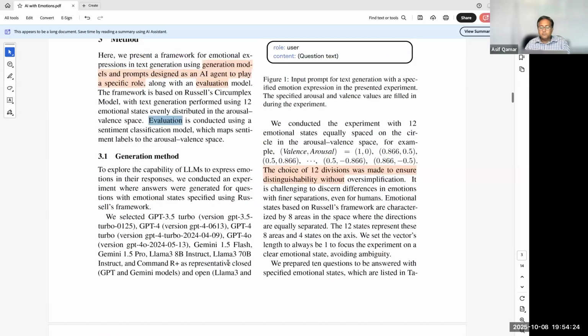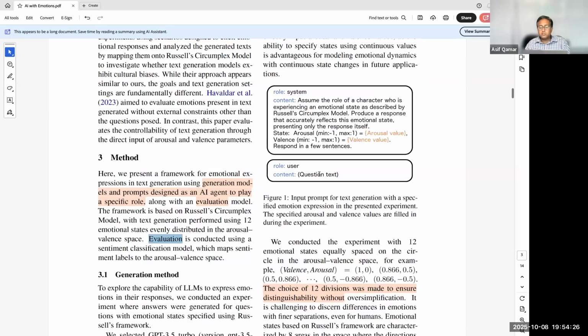You talk to the LLM, and while you're talking for this question, you know what state you are putting, -1 or whatever the number, and then you know the label. Basically, the testing is about the label. Then that label has to be mapped to the GoEmotions-derived sentiment. That's how they are automating this evaluation framework.